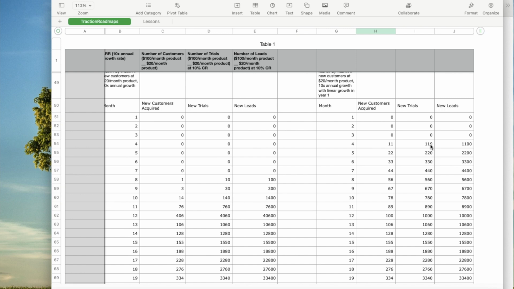You have some landing page describing what your product is and what it does, and you have 110 people sign up to use it. And the reason why that's a fine proxy for having 11 customers acquired is because if you assume this 10% trial to revenue conversion rate, then you would have acquired 11 customers.